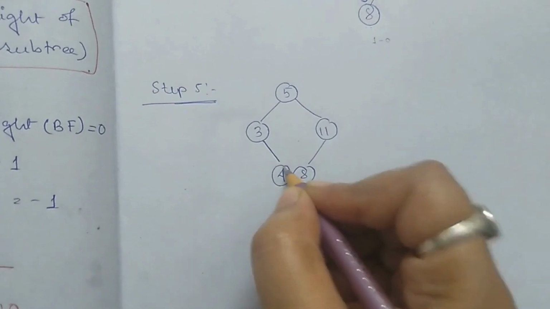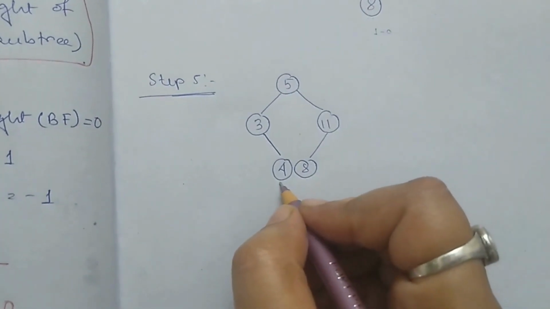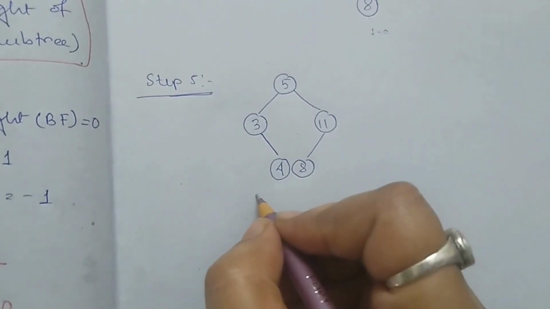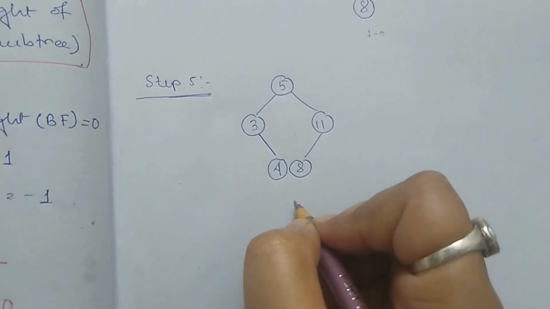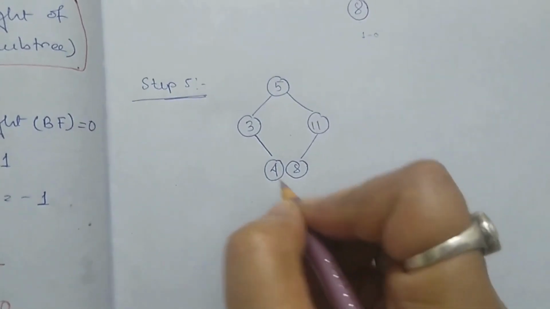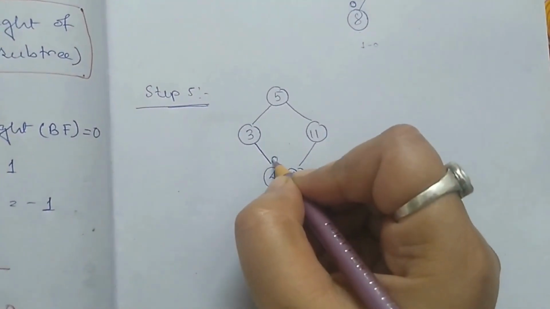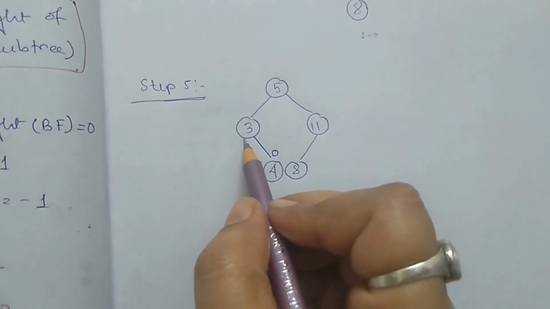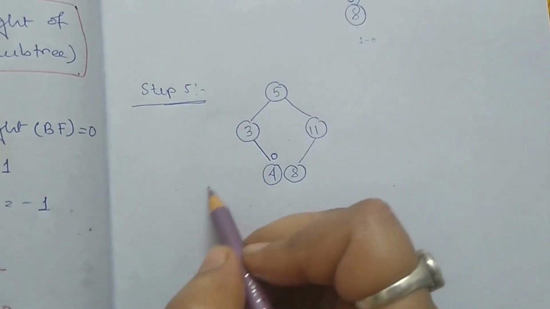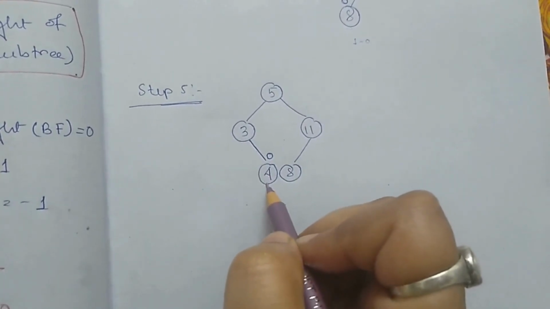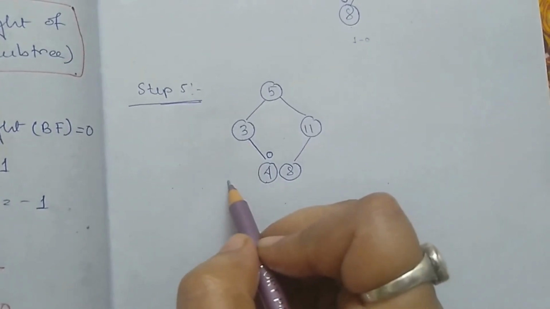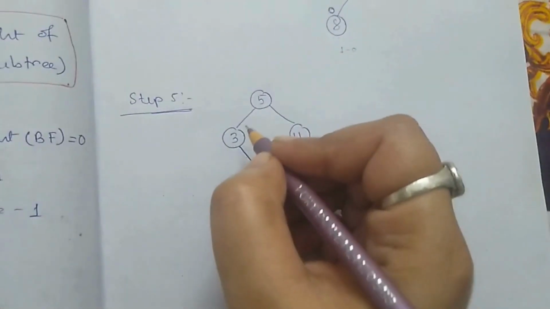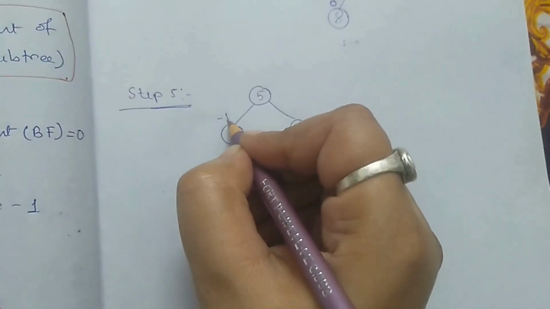Again we calculate the height of 4, that is there is no left subtree as well as no right subtree, that means 0 minus 0, the height of 4 is 0. If we consider the 3 node, in that case there is no left subtree but one right subtree is there. For that reason 0 minus 1, the height of 3 is minus 1.